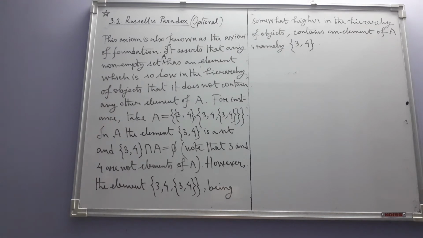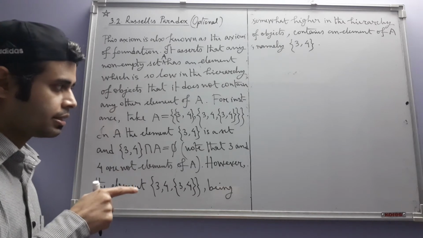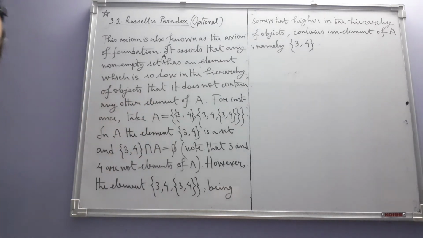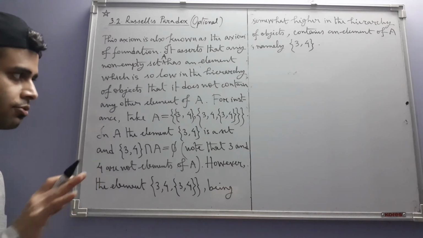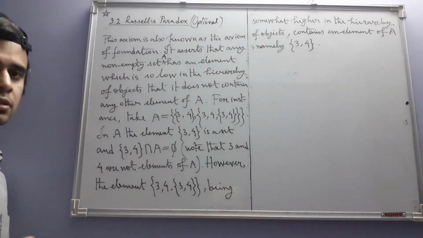The axiom we have introduced right now, regularity, assures us that any non-empty set has at least one such element, which is the lowest in the hierarchy of objects. But because we have not defined hierarchy or any such sort of structure formally, we are resorting to an axiom.